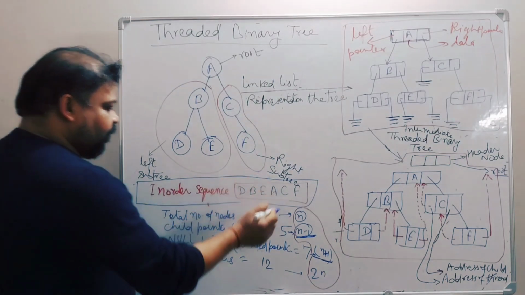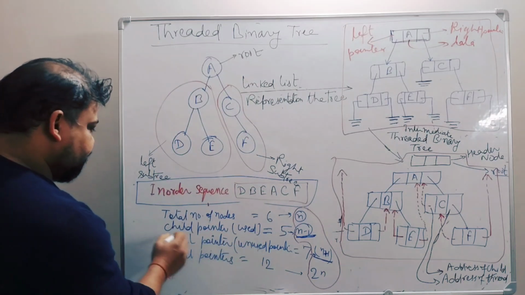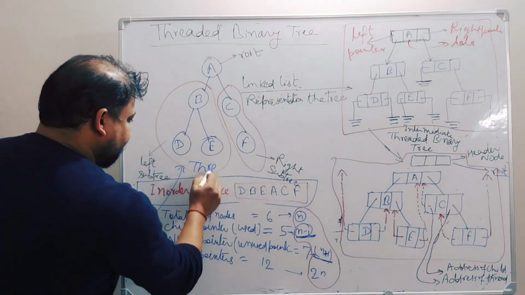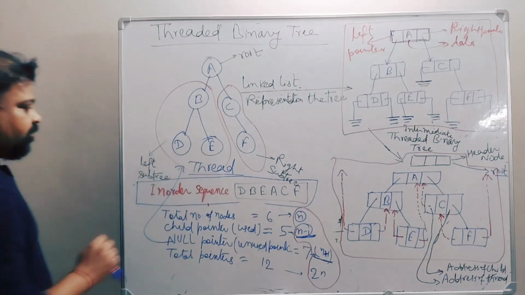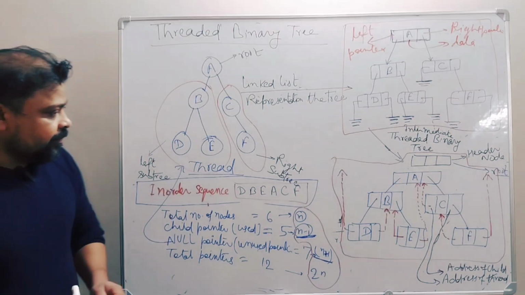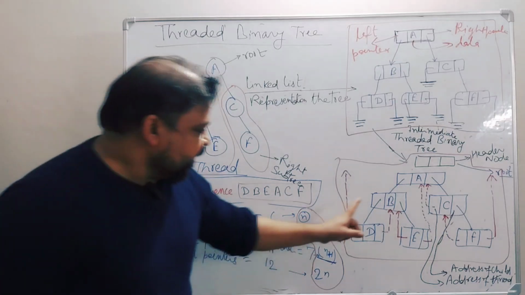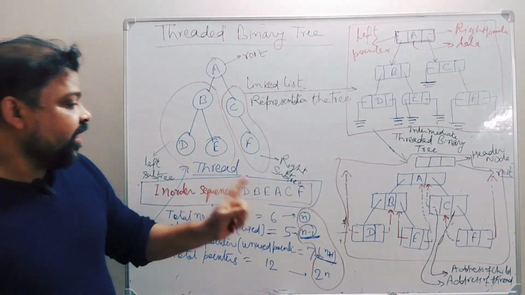So exactly for the null pointer, they used the term thread. So here I am writing thread. It is the thread pointer which is going to point to some other nodes in the tree. So what exactly are those other nodes?